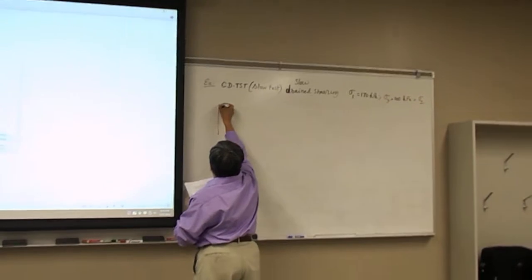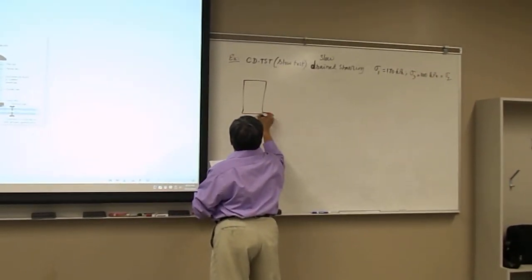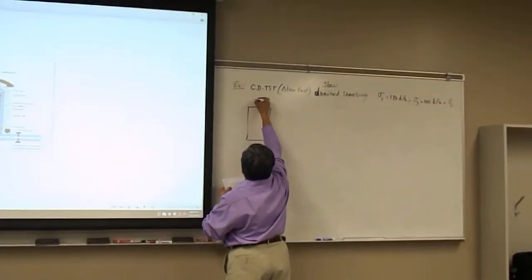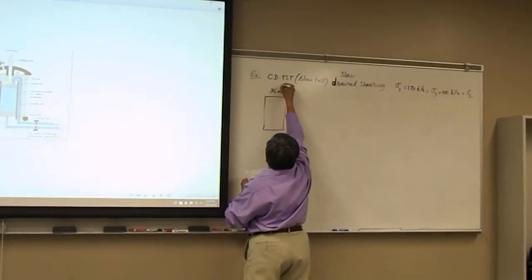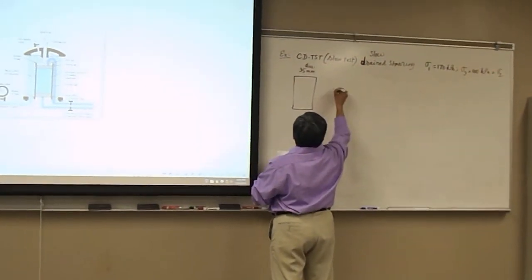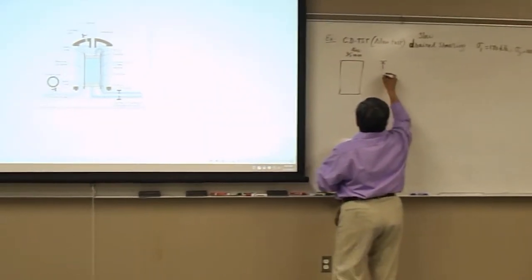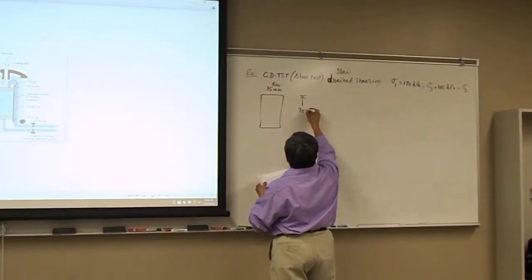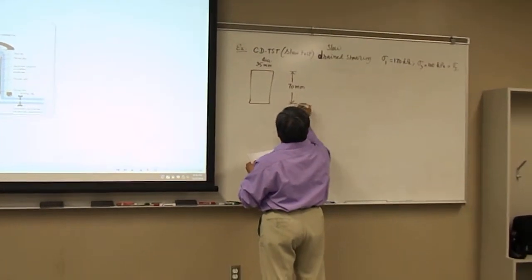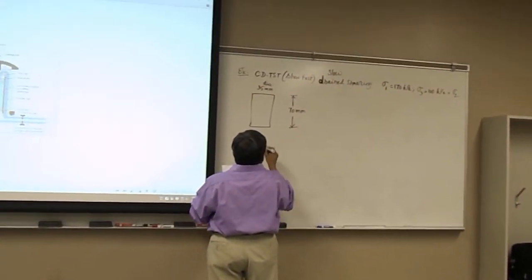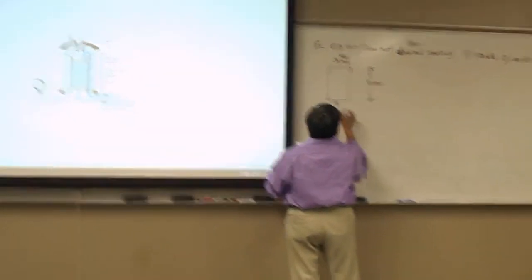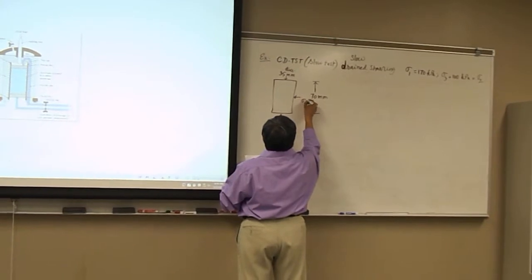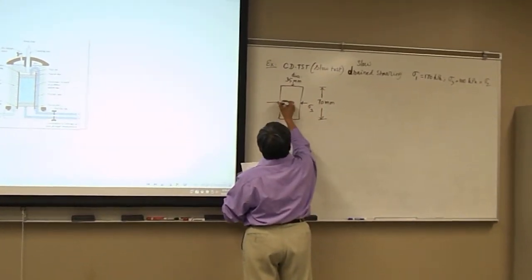That means we have a sample like this, and let us say the sample is 35 millimeters in diameter, and this length is originally 70 millimeters, and we are applying sigma 1 this way, and sigma 2, sigma 3 applied in the horizontal direction.